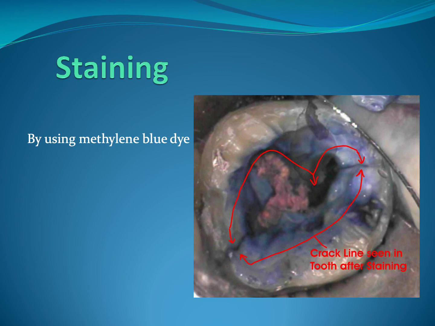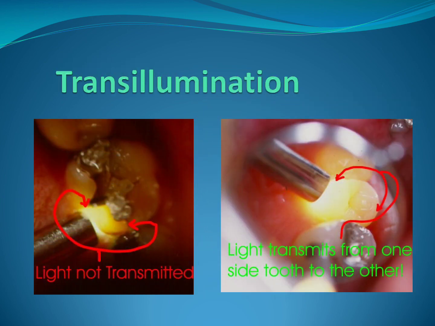This is called a biting test, to know if there is a crack or a fracture in the tooth. Staining, like in this picture, is a very good method. We use methylene blue dye to see if there is a crack or caries in the tooth. Transillumination is a very good diagnostic aid to see the fracture line and cracks in the tooth.